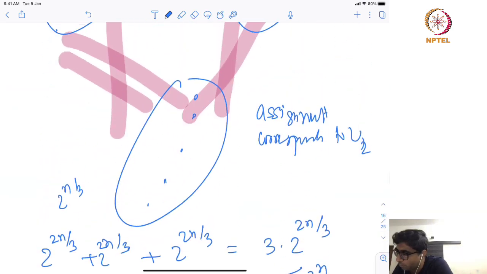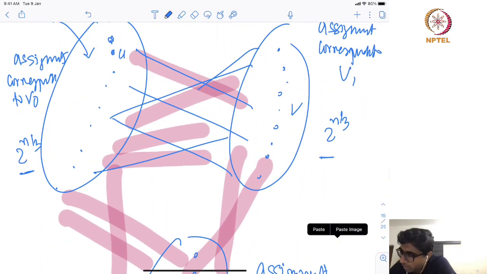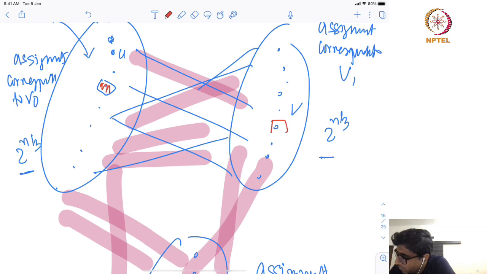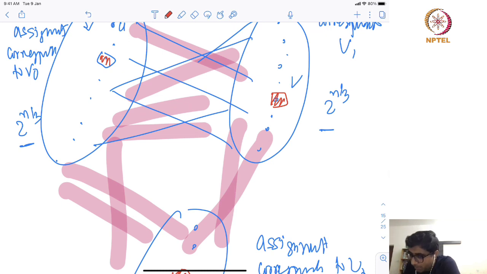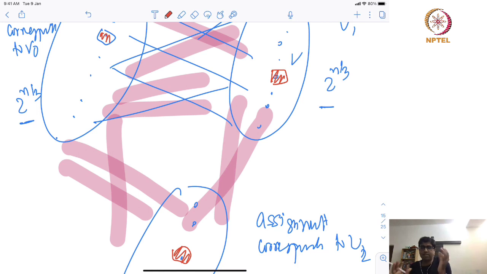Now, if you pick up a vertex here, let's pick up a vertex here, let's pick up a vertex here, let's pick up a vertex here, right? So if I take a partial assignment here, a partial assignment here, and a partial assignment here, then that corresponds to an assignment of all the variables, right?